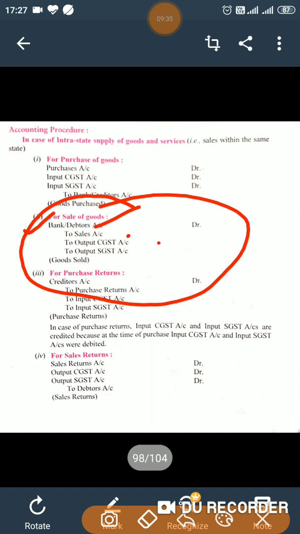Sales account will be credited, it is an income for the business, and at the same time whatever CGST and SGST you are collecting at the time of sale of goods are a liability for the business, so an increase in liability should be credited. So output CGST and SGST account should be credited.